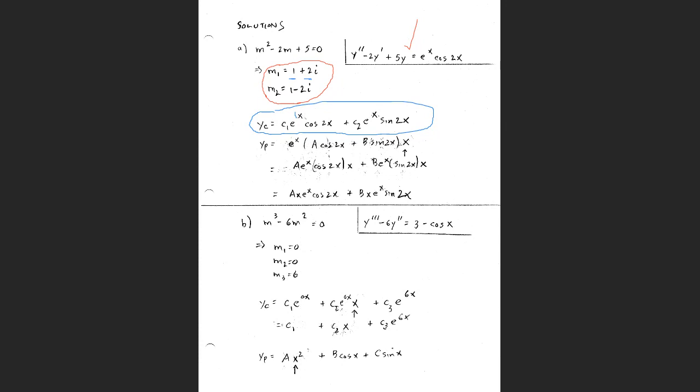So the complementary function is c1 e to the 1x cosine 2x plus c2 e to the 1x sine of 2x. Now the right-hand side of the differential equation is e to the x times cosine of 2x.